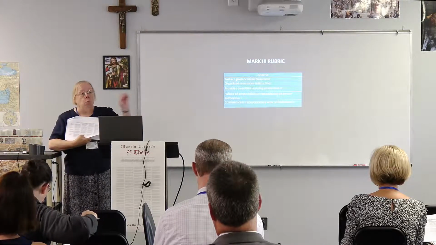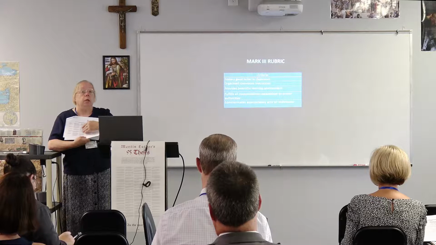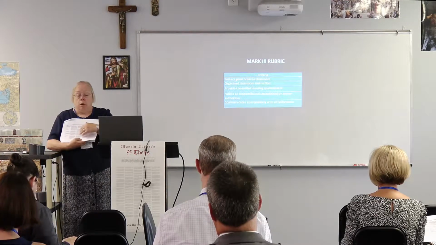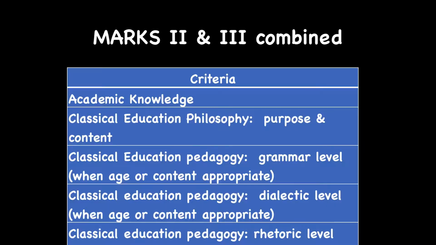Okay, so we've got the marks 1, 2, and 3, and those are all geared to the CCLE marks. But we wanted to come up with one that's not 3 pages long. And so we kind of combined marks 2 and 3 again into a one-page one. So if you had to do it just in one page, we've got a one-pager for you.